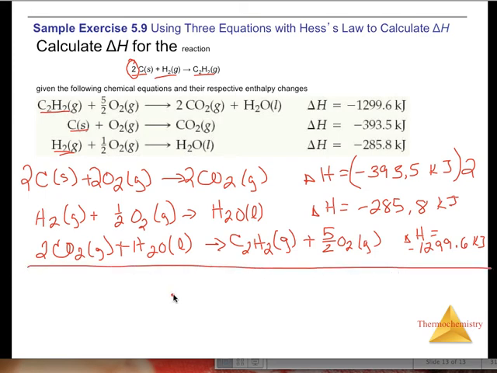Let's add these things up. Cross off things that show up on both sides. First thing I see is I have water on both sides. I have 2 carbon dioxide molecules on both sides. And then the only other thing I have is oxygen on both sides. Well, this is 5/2. I didn't mean to actually write that.